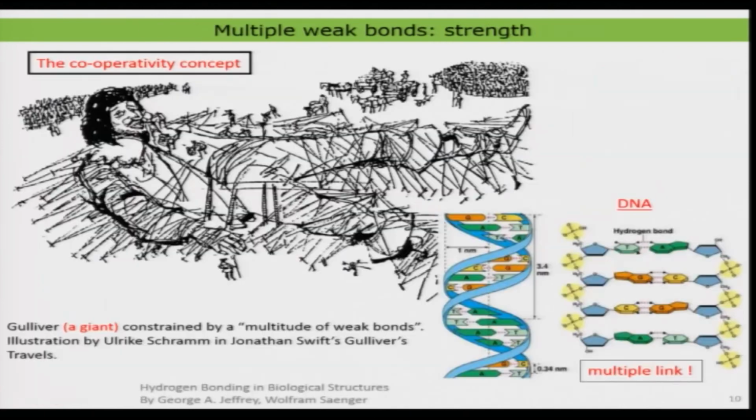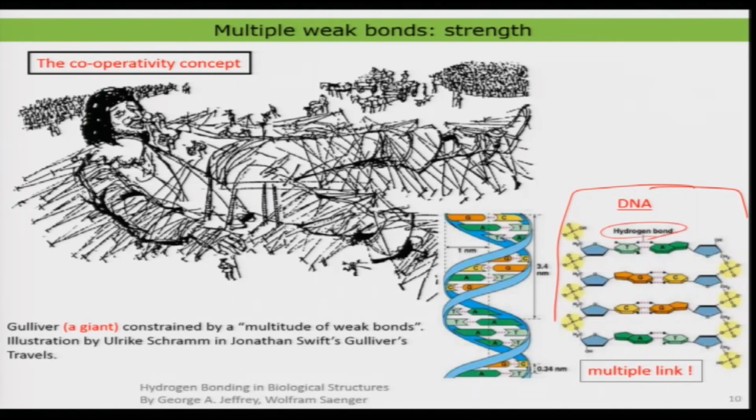Now, one more interesting thing: you would ask, if the interactions are weak non-covalent interactions, what actually makes them strong? Look at the DNA molecule, the molecule of life. Even DNA, the entire molecule, is constructed by hydrogen bonding, a weak interaction.